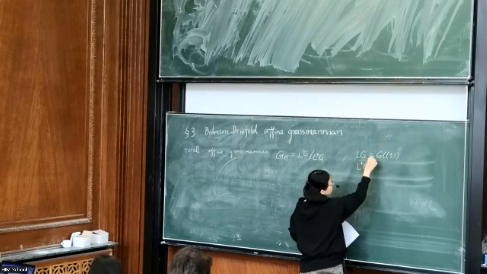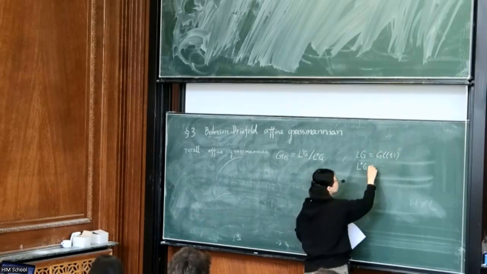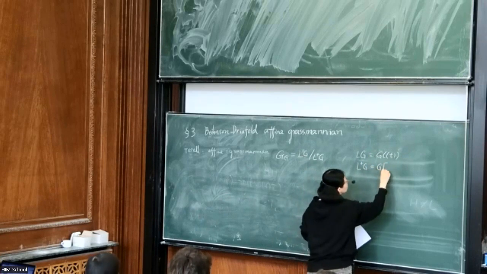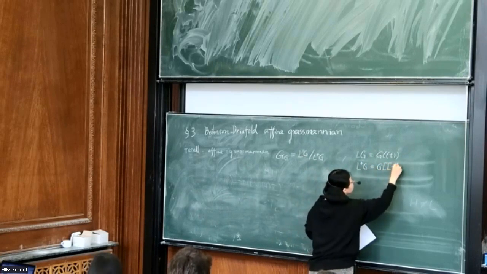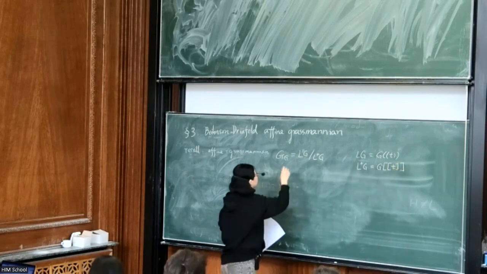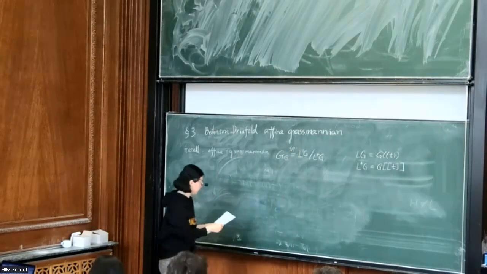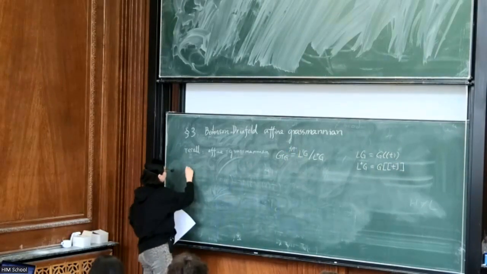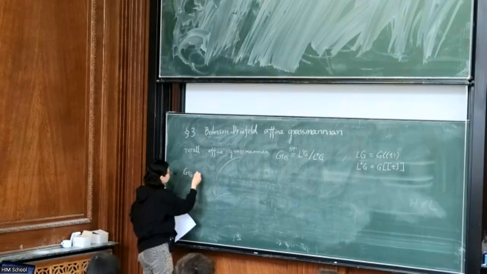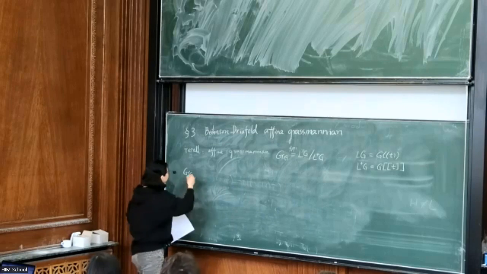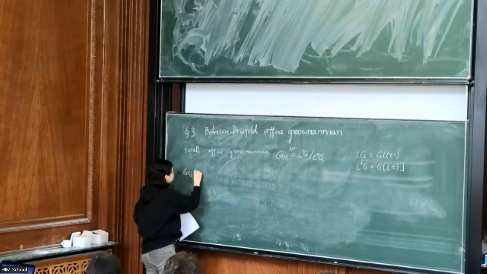For simplicity, it classifies the functor that I wrote yesterday, and the positive loops classify a functor given by this. And today we will describe the affine Grassmannian, and the functor, in a more geometric way.